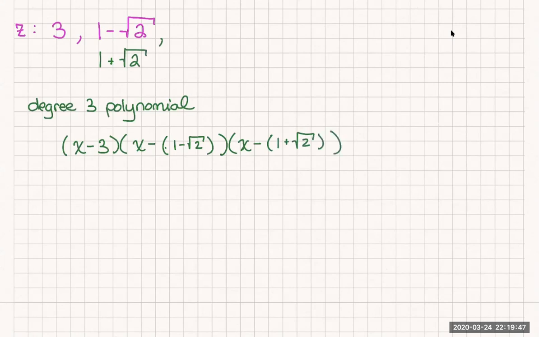Okay. Now my job is to multiply this out. So when you have a situation like this, you want to multiply those factors with the imaginary or irrational roots first. So I'm going to first multiply these two guys.